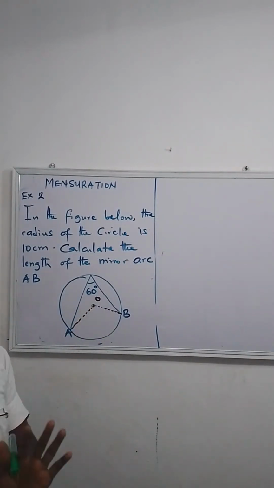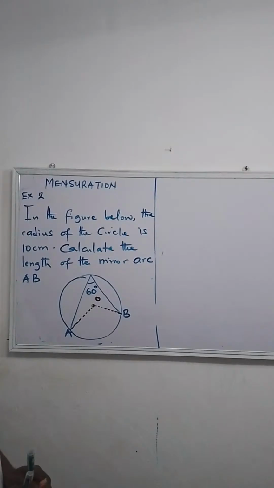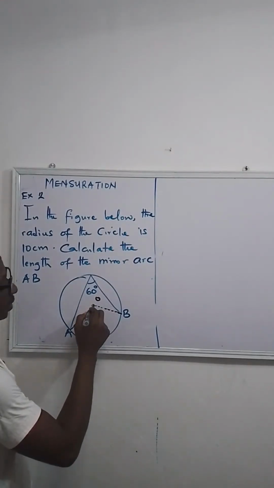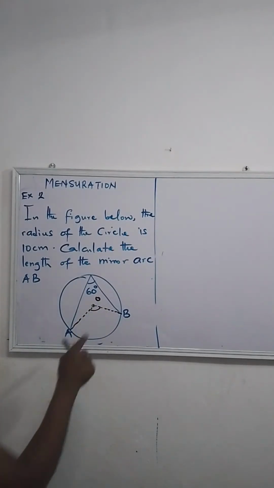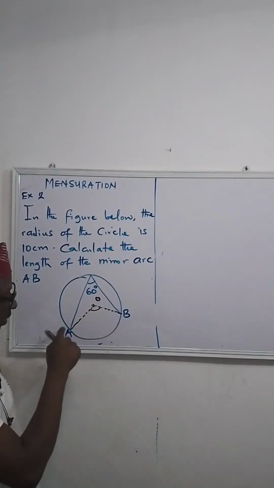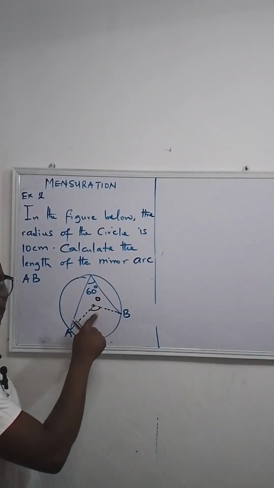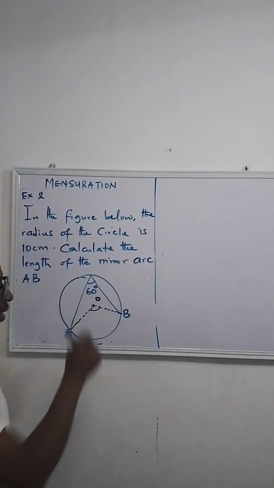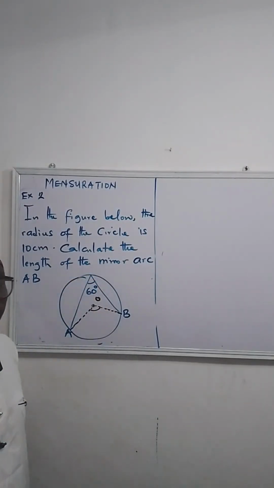Now, we are going to be making use of a principle. That principle says that the angle subtended by an arc at the center of the circle is twice the angle at the circumference of the circle. Now look at it.